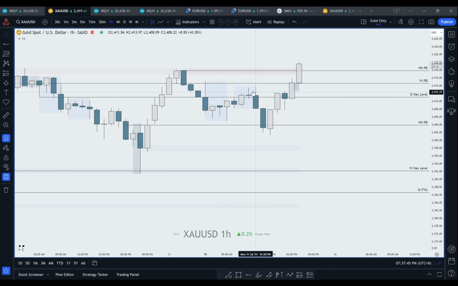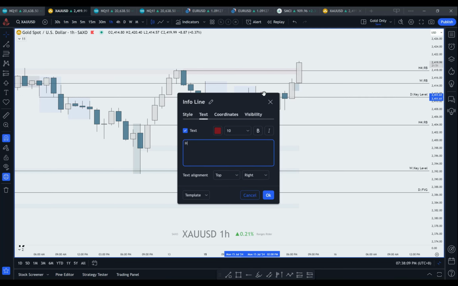And then what we have during this time period, this was the rejection block into this area. This is where the London was going to start, this one. So we have this one as an H1 rejection block.